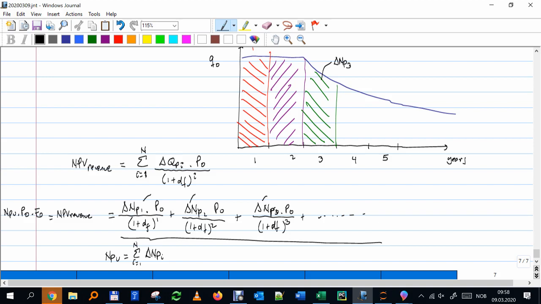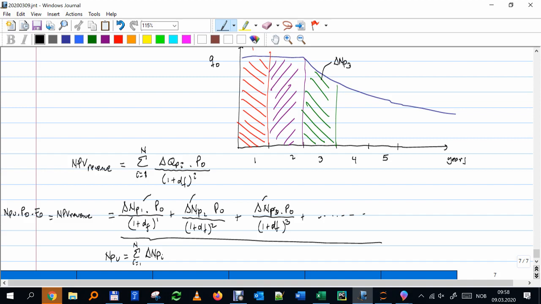Now, some of you have been asking what this factor depends on. What number should I assume? Well, first note that it depends on the discount factor. If I have 7%, 12%, or 5%, that will change the factor. It also depends on how many years you are considering.